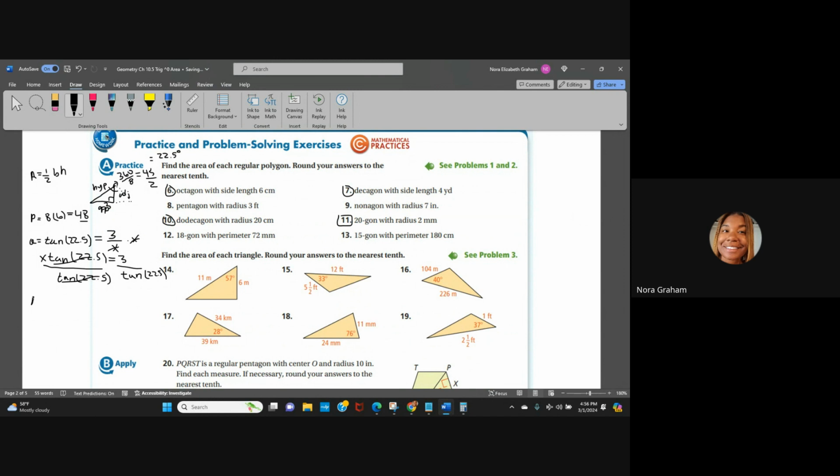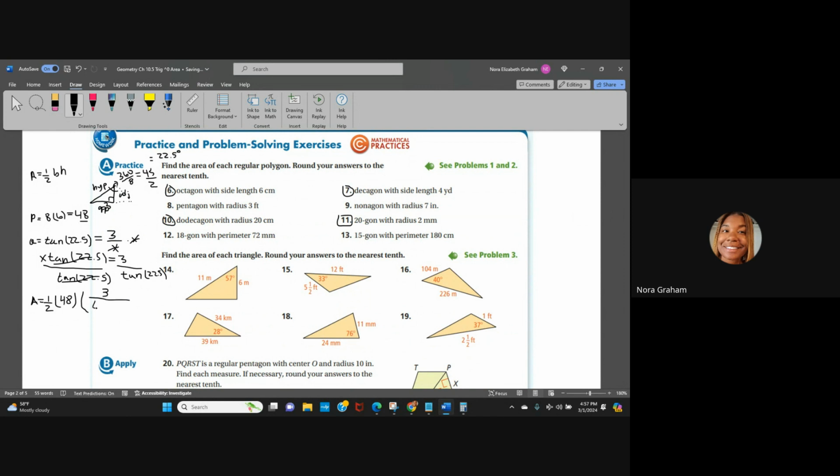Okay. So I have A equals, that 1/2 is part of my formula, and then times my perimeter, so 48. And then, like I said, I'm going to write out my whole trig function right here, because just in case I make a calculator error, I want my teacher to know that I did everything else right.